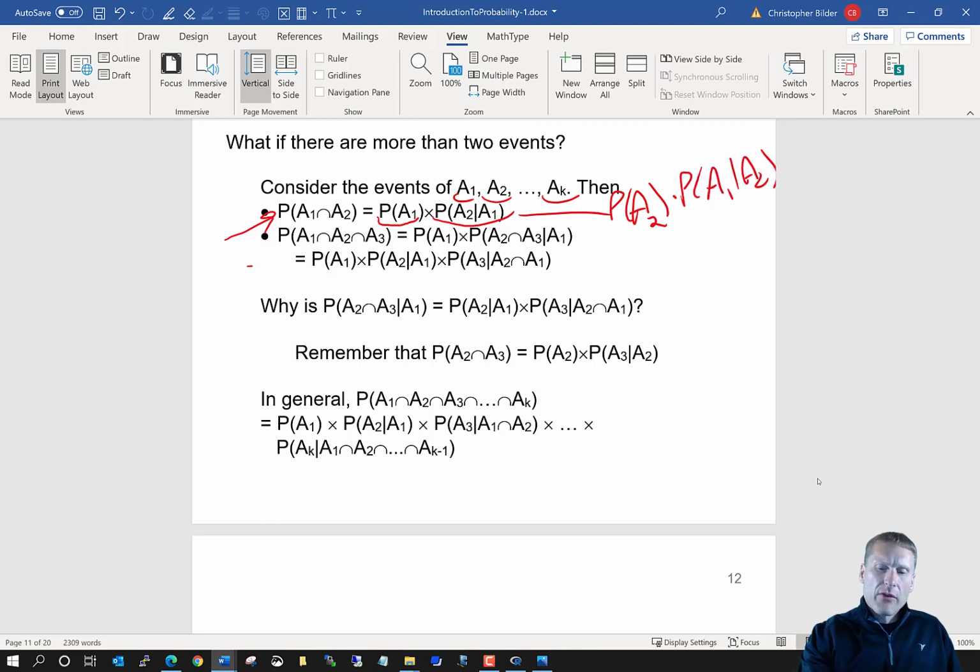But now there are three events, and we're looking at the probability of the joint intersection of these 3 events.